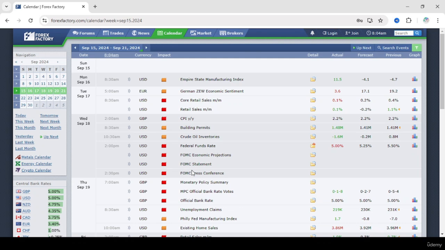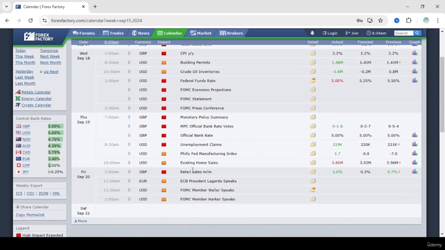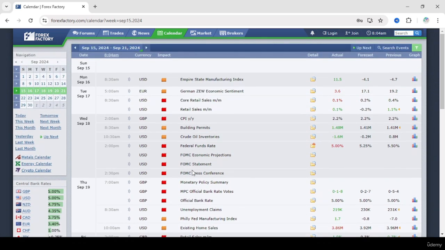As an assignment for learning the economic calendar, go and see the difference between the news with press conferences and the statements.